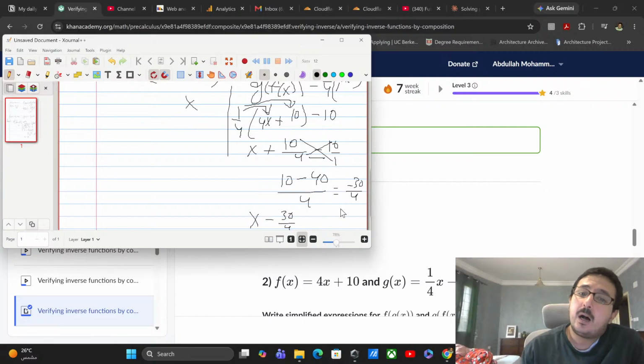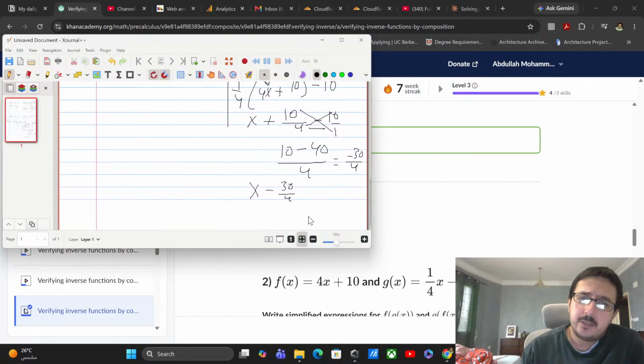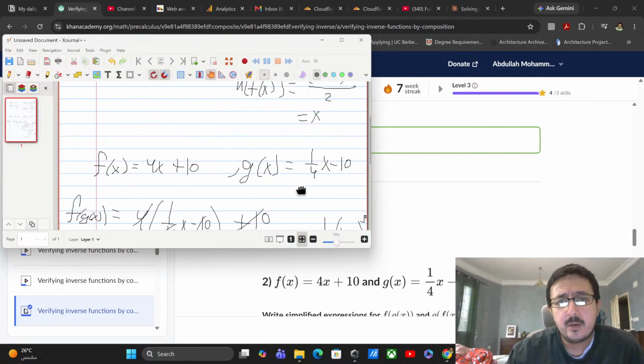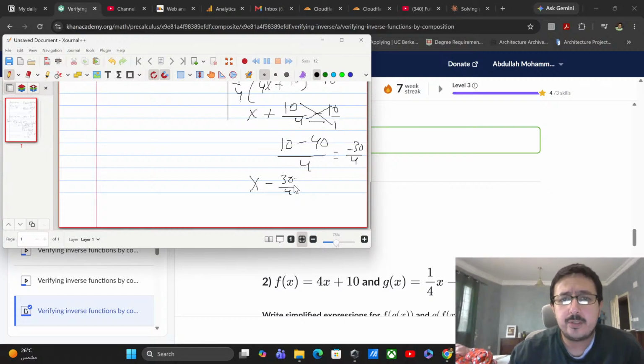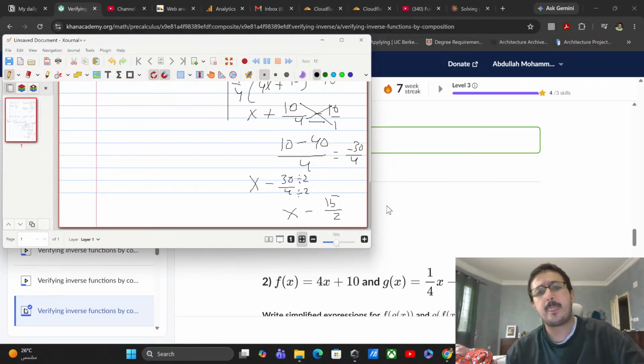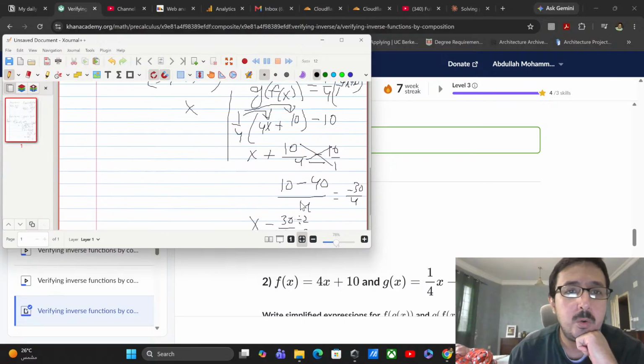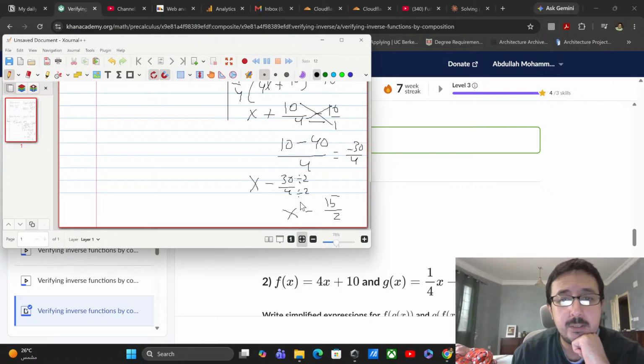Why? It is correct, but what he did here, it's minus 15 over 2 because he simplified. He took this 30 divided by 2, which gives me x minus 15 over 2. So it's not equal.